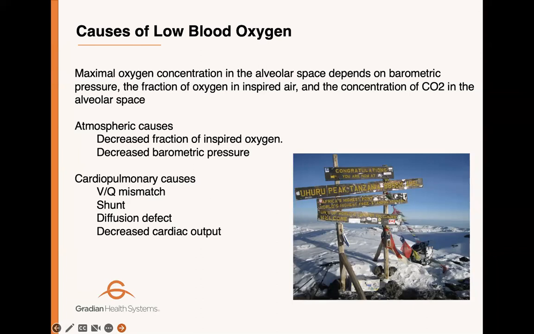You see the picture over here on the right side, which is Uhuru Peak, Tanzania. This is our famous Mount Kilimanjaro, the highest point in Africa. You will see later that with the increase in altitude, you get a decrease in pressure. I'll explain that later.